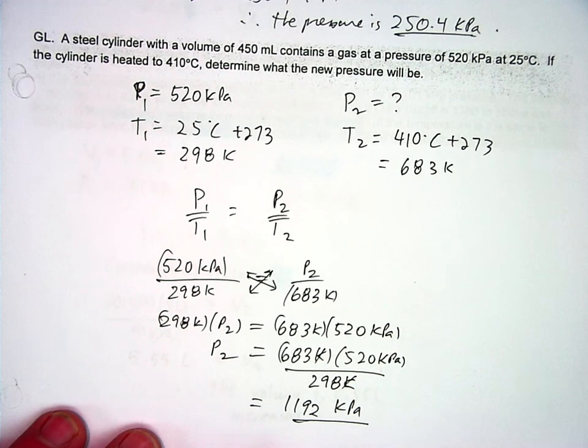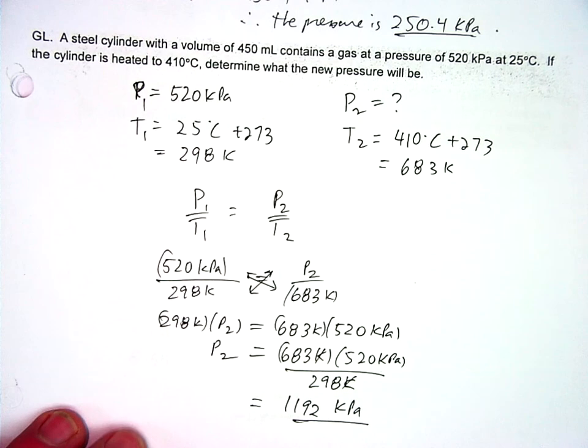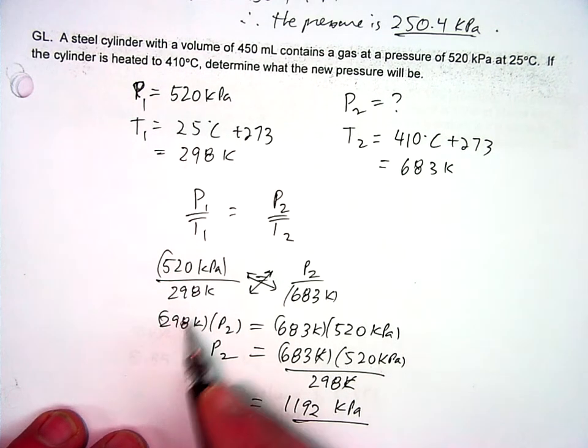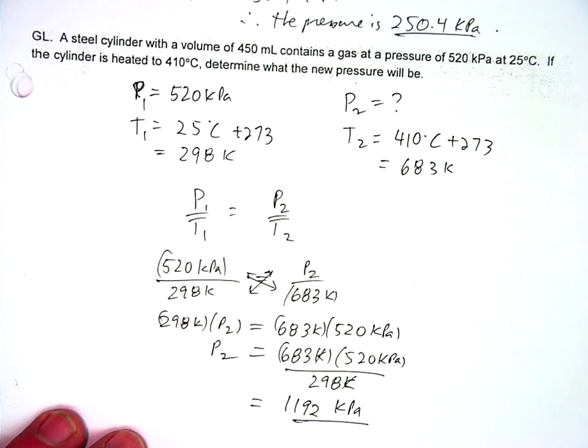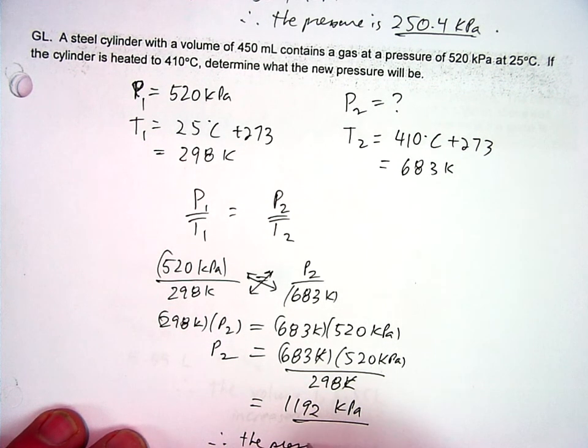And I get a final pressure of 1,192. It's gone up by a factor of 2. That makes sense because the Kelvin temperatures are off by almost a factor of 2. Okay, so therefore the pressure is now 1,192 kilopascals. Okay?